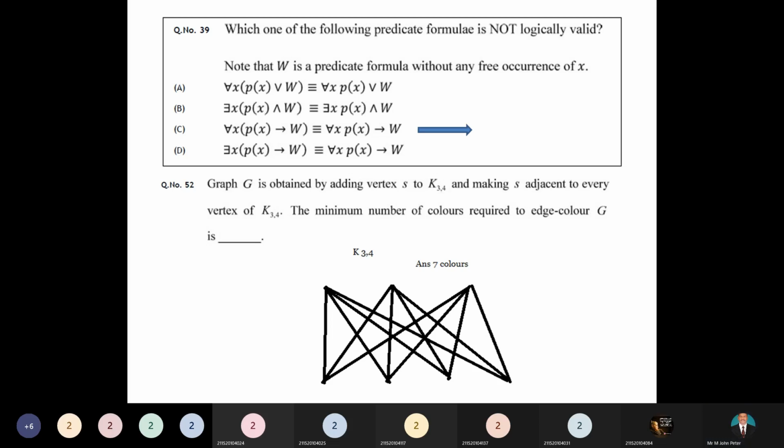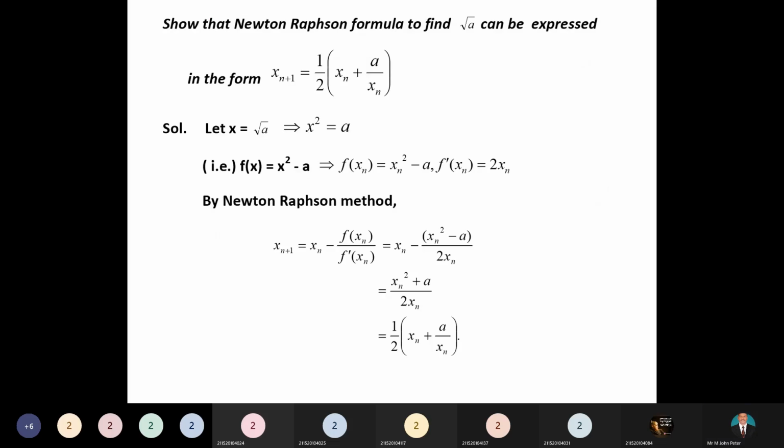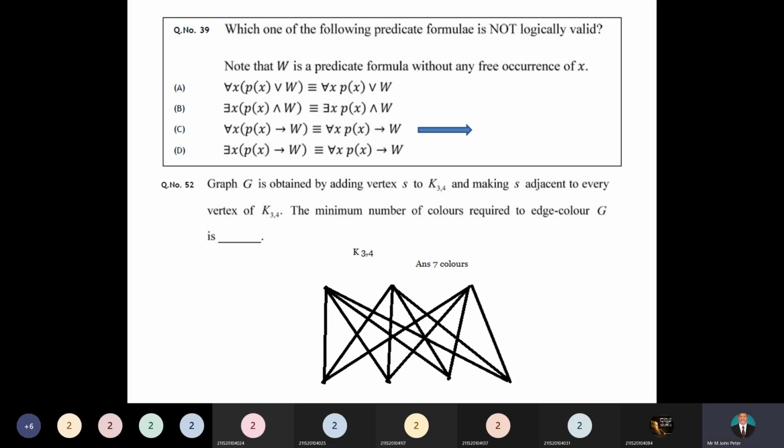That is the answer with respect to the coloring concept. These are 2020 GATE questions. Okay, thank you.